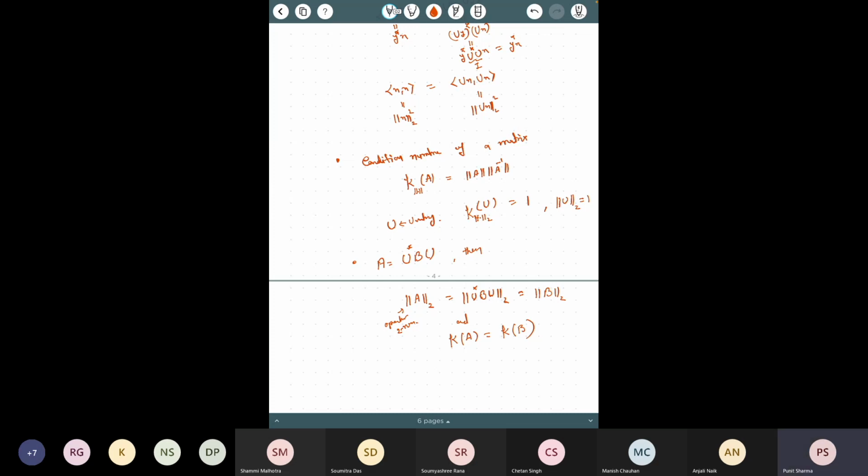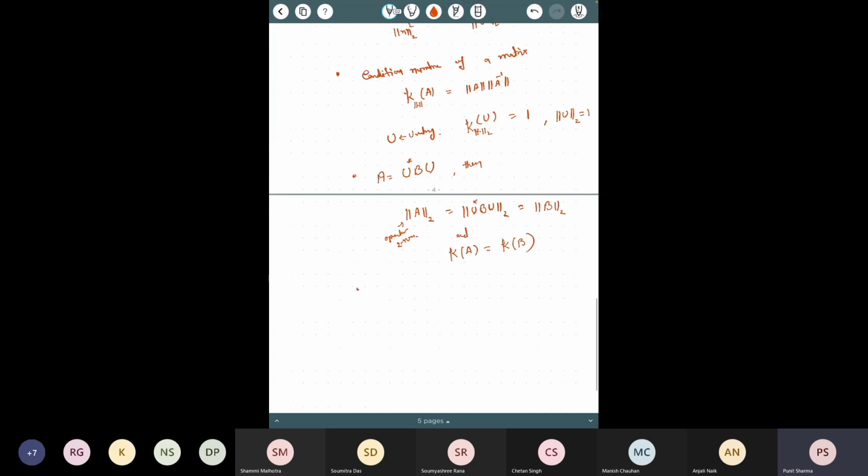Or in other words, if we perturb B slightly, where A is U star BU, so that when we apply unitarily similarity transformation on B we get A, then the resulting perturbation in A is actually of the same magnitude. That means the change in A is exactly the same magnitude as the change in B.